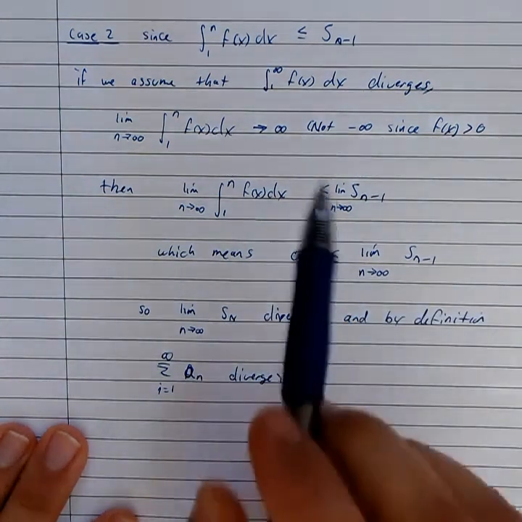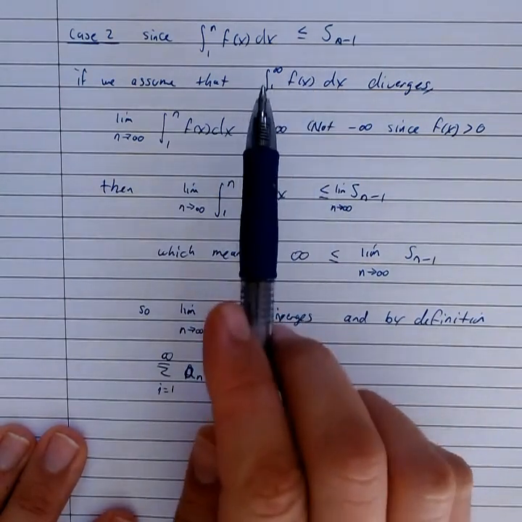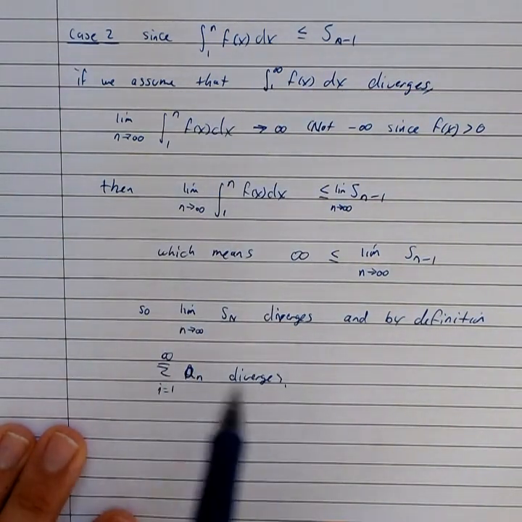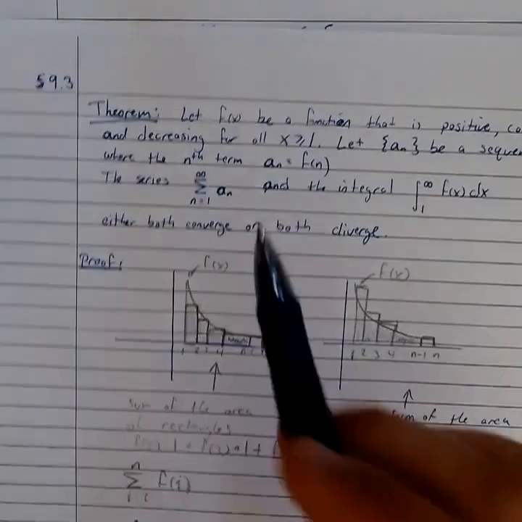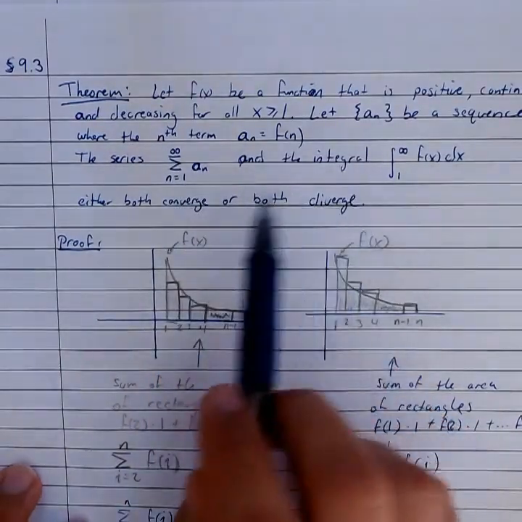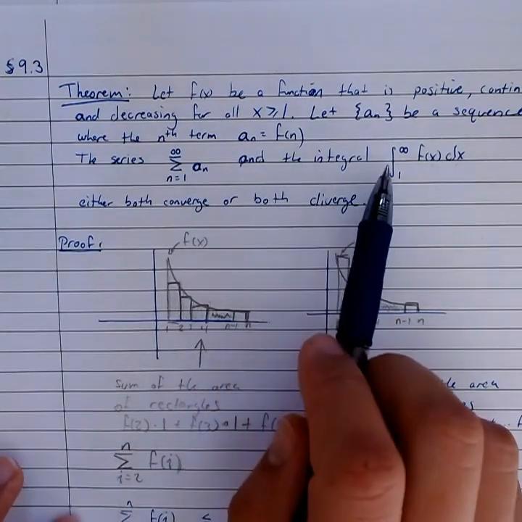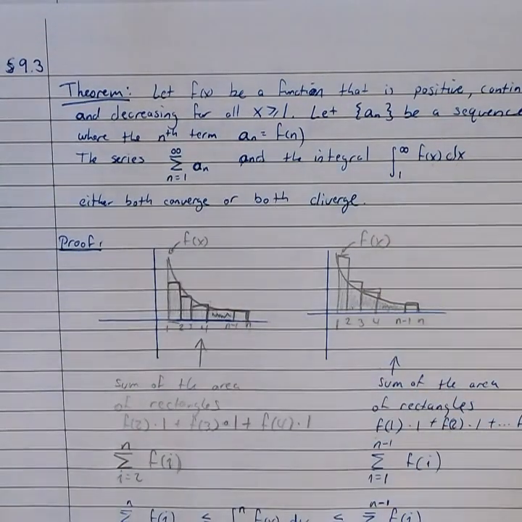So this concludes that if we assume this integral diverges, then so does this infinite sum. All right, and that proves the other part. The first part proves if one converges, so does the other. The second part concludes if one diverges, so does the other.